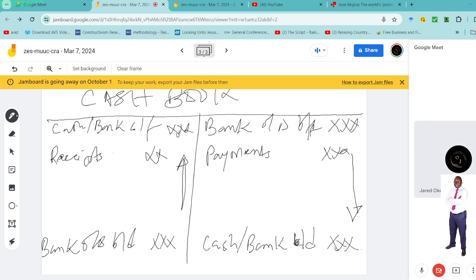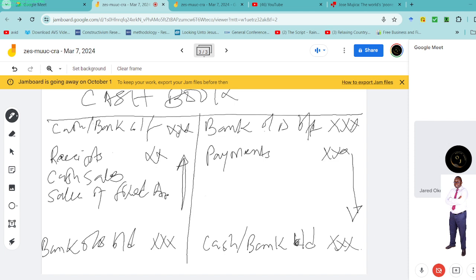The other thing that will be there is cash sales. If we sell things in cash, cash sales. And then the other thing is the sale of fixed assets. So you'll also have all of them there, sale of fixed assets.